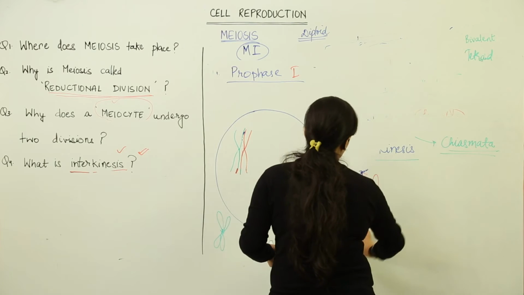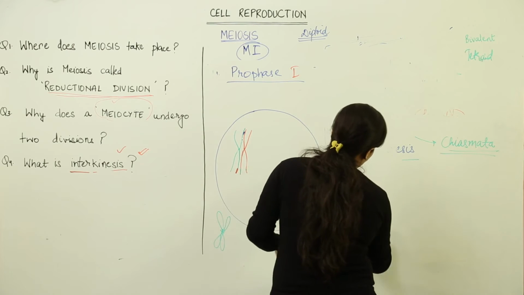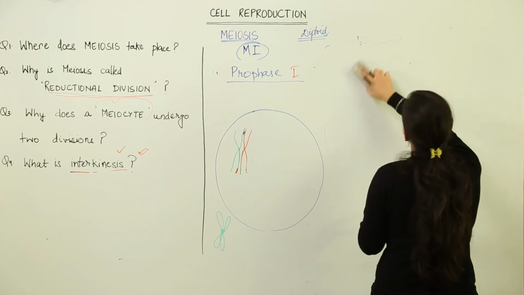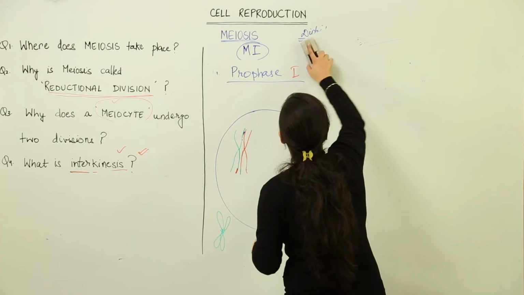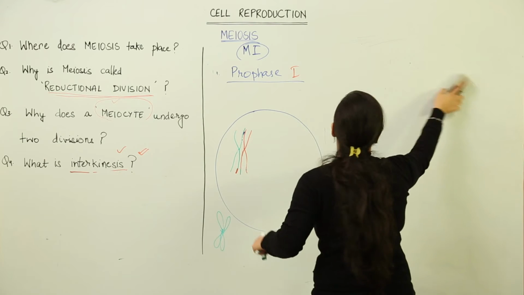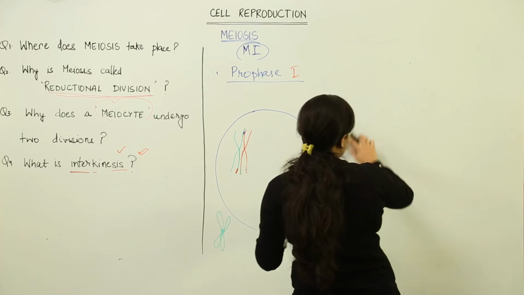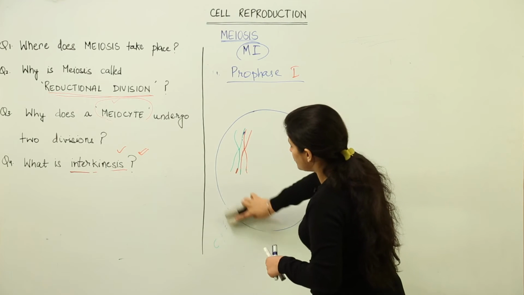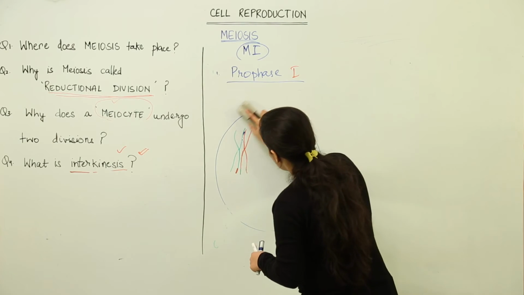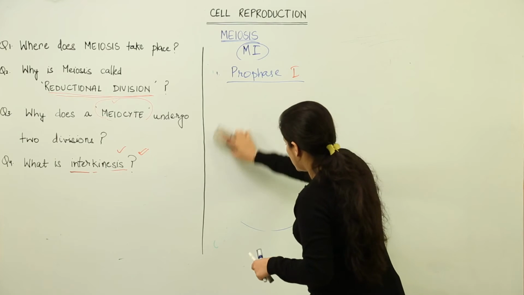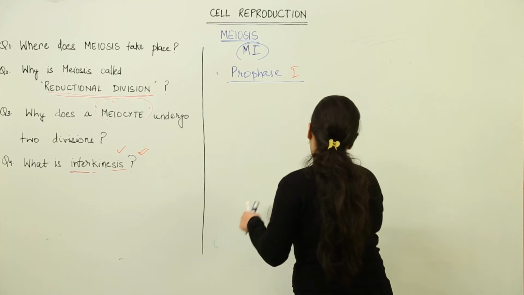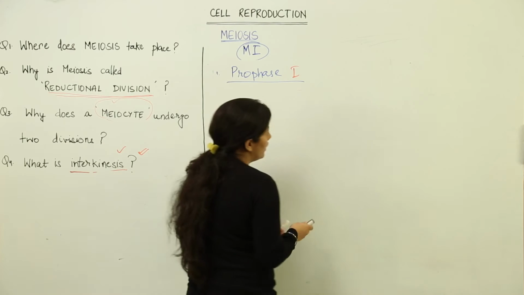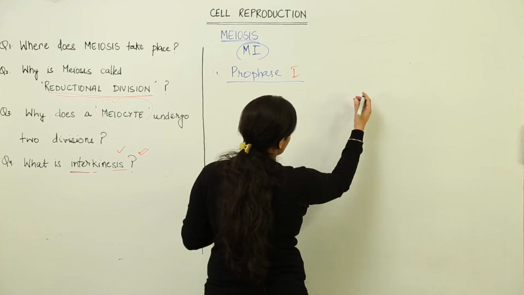Over here we have a totally different scenario from what was seen in mitosis, because we have to take into account homologous chromosomes. Now as the tetrads or bivalents are being formed, how would be the arrangement of these tetrads when we see a cell in metaphase stage? The arrangement would again be of homologous pairs of chromosomes.